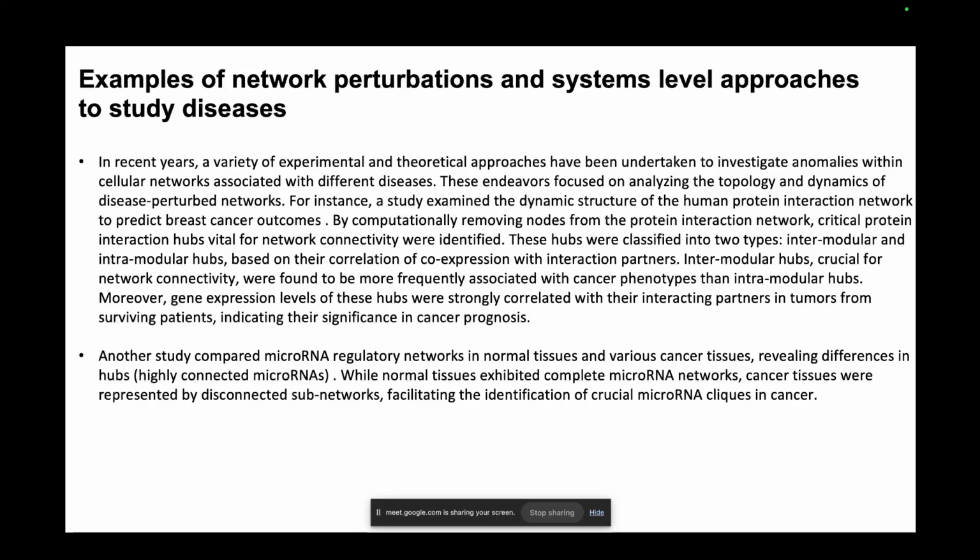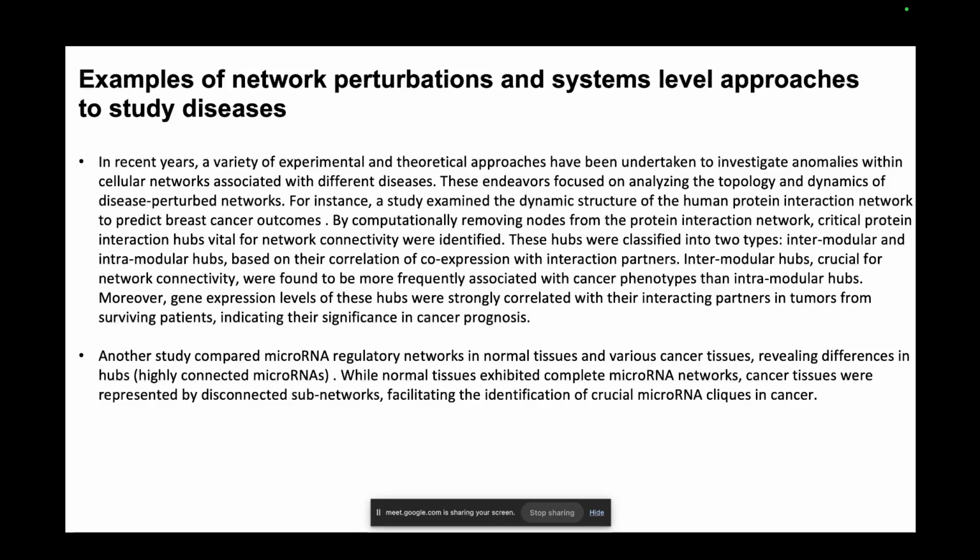For example, a study examined the dynamic structure of the human protein interaction network to predict breast cancer outcomes. The method followed was systematically removing nodes from the protein interaction network. Critical interaction hubs vital for network connectivity were identified.